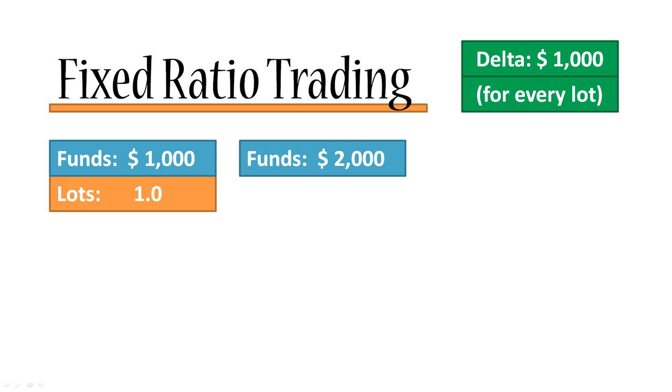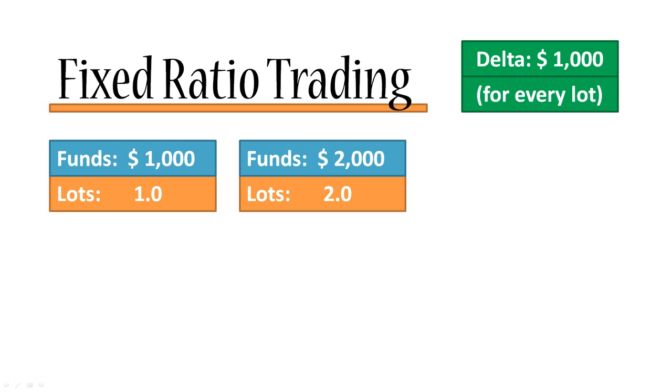So delta is $1,000. And if one lot were to bring delta, our account would increase by $1,000. So given that our account initially was $1,000, if we add a delta, it becomes $2,000, what we can see now. So that means it's time to increase to 2 lots. Alright, that might have been a bit complicated.